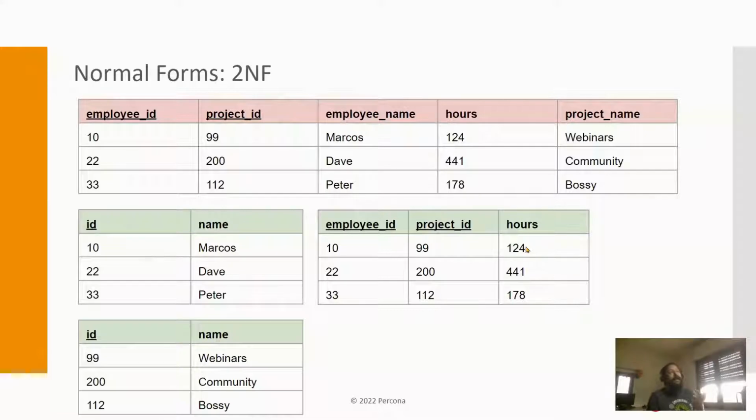And then you will have any other data for that assignment, for example, in this case, 124 hours assigned to do something. So again, the core concept is I was able to infer the employee name from the ID, so I don't want to have it again here. I will keep it in a table. And if I ever need all this data together, I can use the relationships between employee ID and project ID and the ID in the project table and put them together using a join.